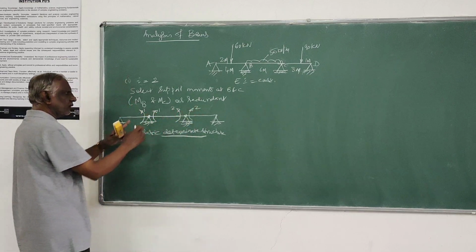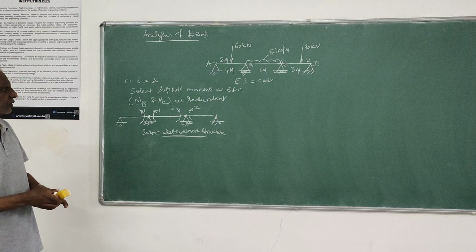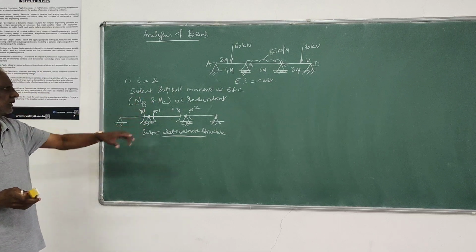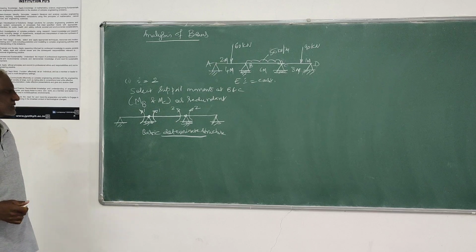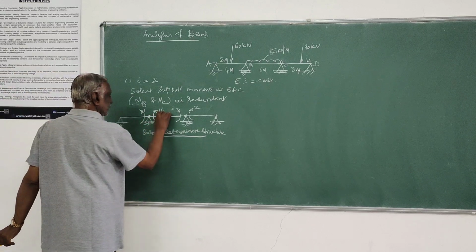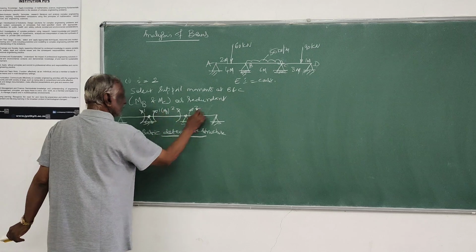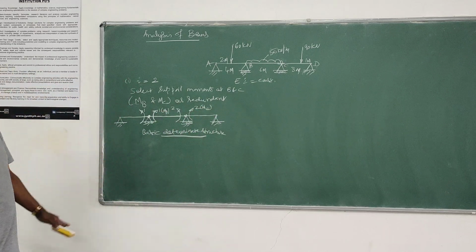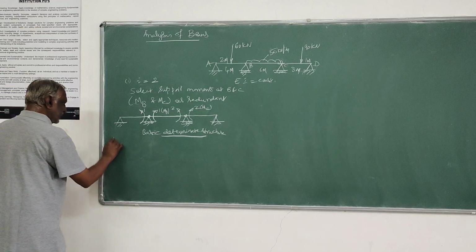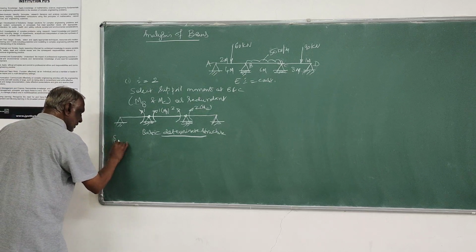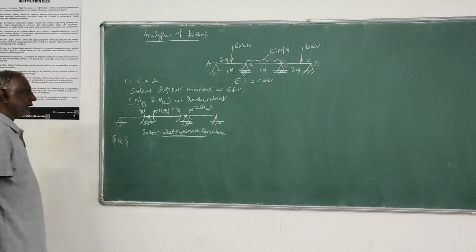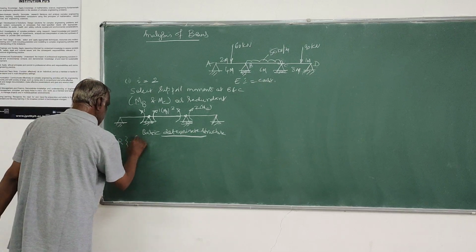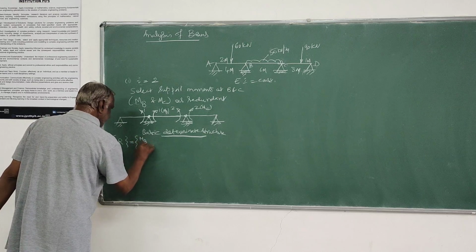Here this is one coordinate, that is second coordinate, corresponding to MB and MC. This is the basic determinate structure, and this is MB, this is MC. Now the structure is determinate. And now you can write the redundant matrix, what you have selected, that is R. R is nothing but MB, MC.